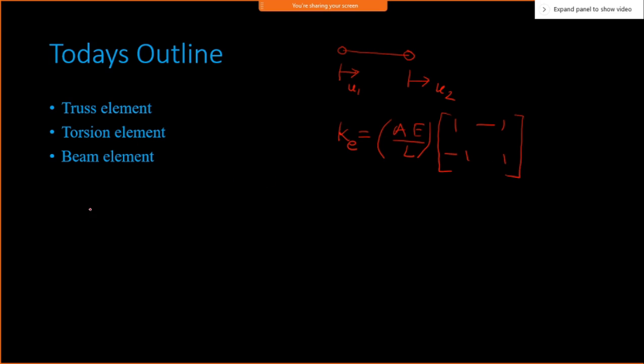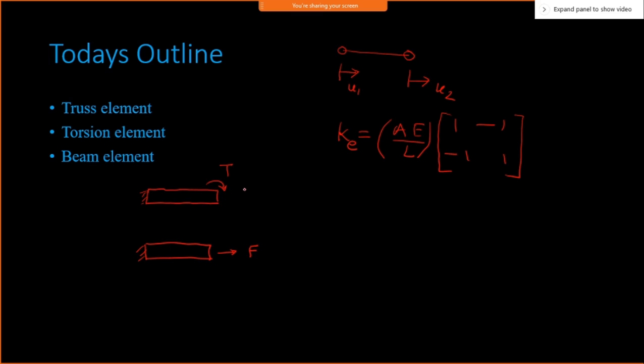If I want to twist my shaft, I'm going to fix it here and twist it. So if you look at the bar element, it is fixed here and you are applying an axial force.